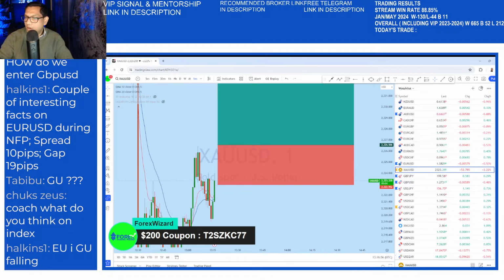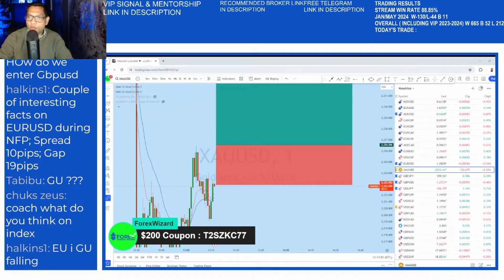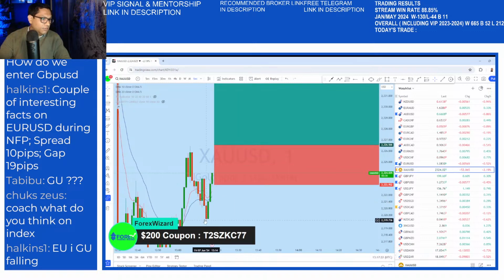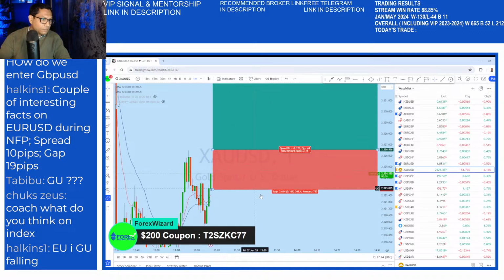Okay, are you guys with me? So our pending order is on, still not active, but still there. Index, we will be looking at that. And yeah, this move, what we see on gold at the moment, grabbed the liquidity and is now moving up.